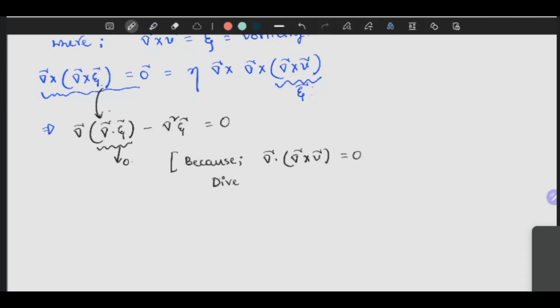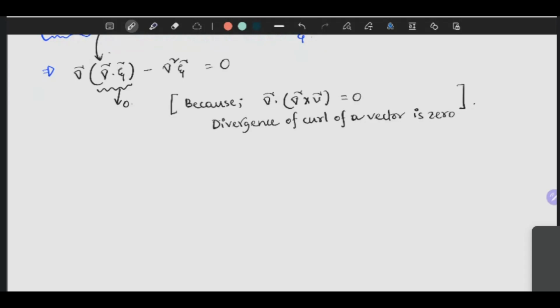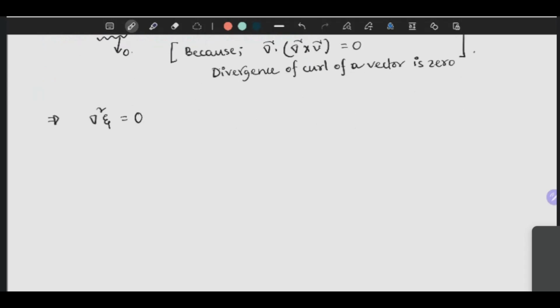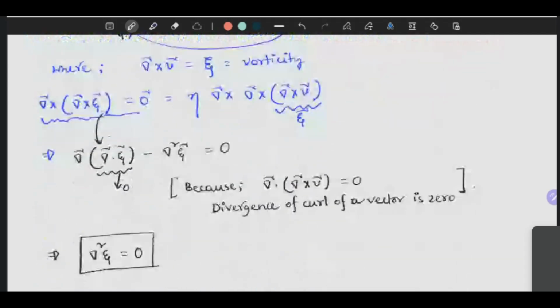So then only the Laplacian of vorticity is equal to 0. Only this remains. So if we take a 2D flow, this is 4, this is 5.